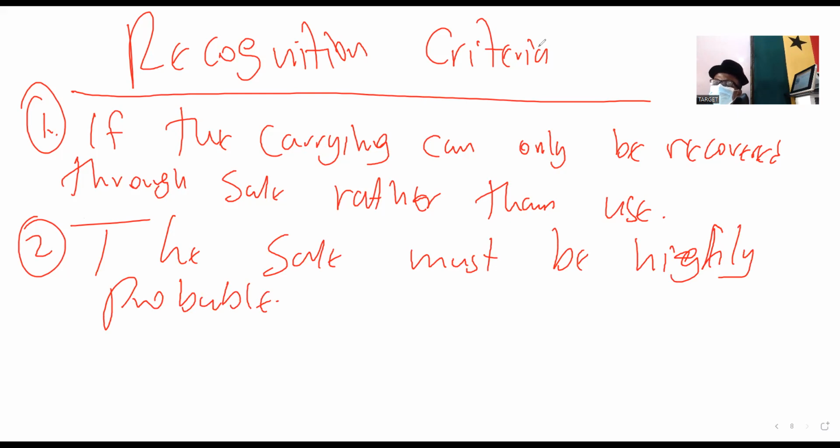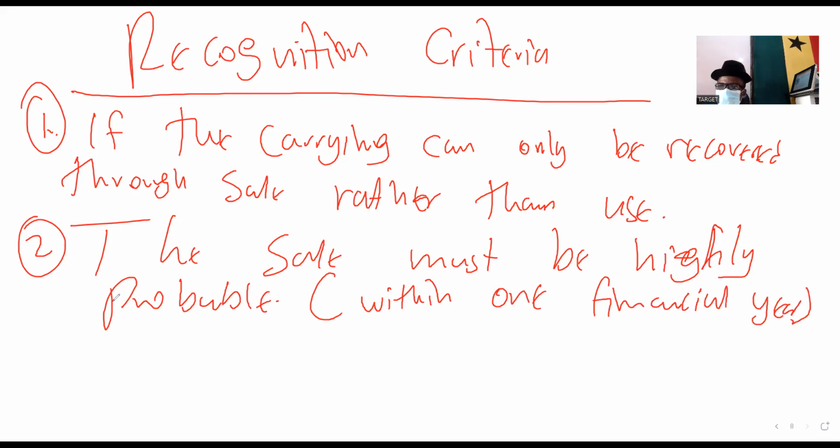You can only classify a non-current asset as held for sale if and only if, 1, you can only recover its carrying amount through sale rather than continuous use, and 2, the sale must be highly probable, which means within 1 financial year. That's what we are trying to talk about.